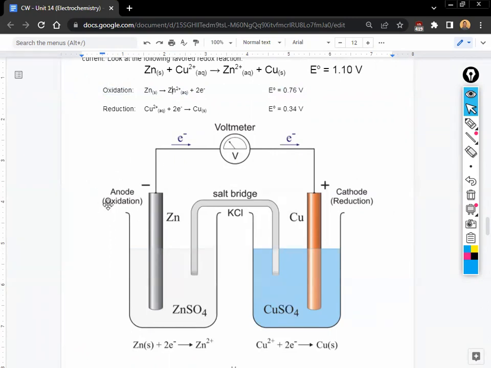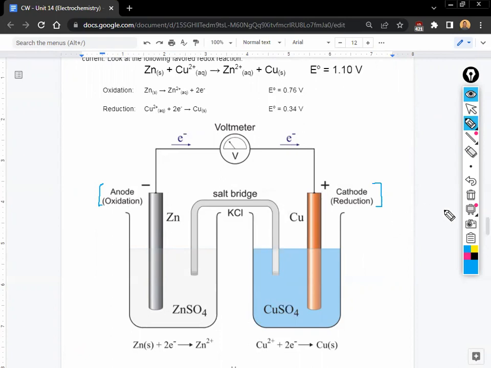One side, the anode, is the side that's being oxidized. As it's being oxidized, a current is formed to the side that's being reduced, the cathode. Basically, you need to remember that the anode side gets oxidized and the cathode side gets reduced. So all you need to figure out is which side is being oxidized and which is being reduced, and from there you can just write anode or cathode.